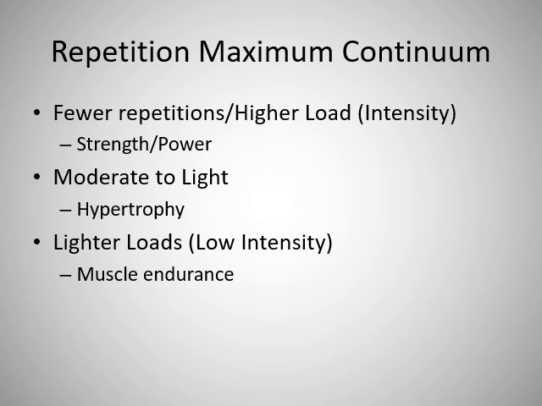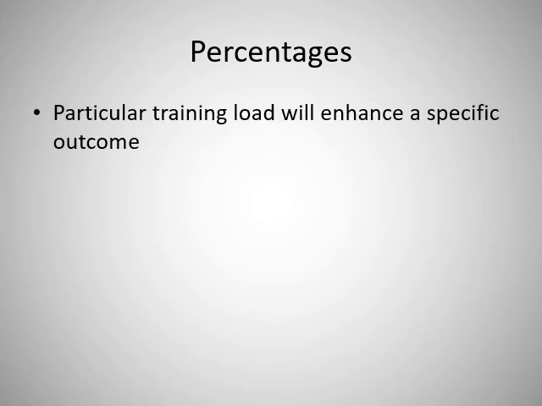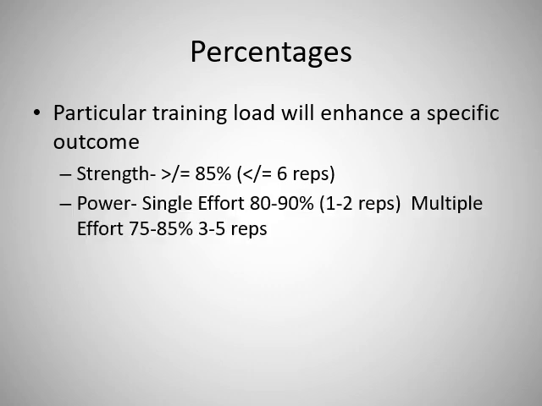So again, it exists on a continuum, but this is typically what you're looking to accomplish. In the next couple of slides, we're looking at basic ideas as far as percentages and set rep schemes. For your percentages, the particular training load is going to enhance the outcome. For strength, you're looking at greater than or equal to 85% for less than or equal to 6 reps. So you're keeping the percentages higher and going lower with the reps. If you're looking at power, there are different ways you could associate mechanical power.